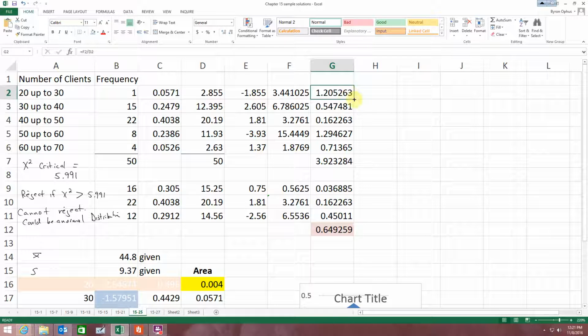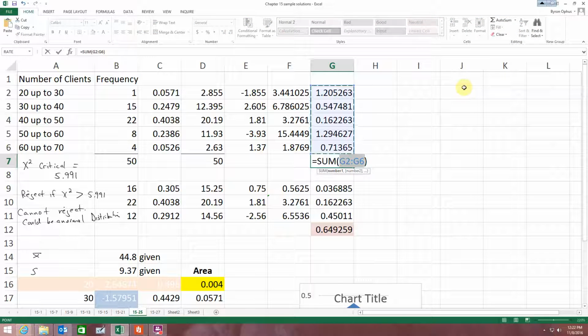And I can carry that down. I sum that, and actually I'm not even going to use this number in the future, but it's alright. I don't think I'm going to use it.